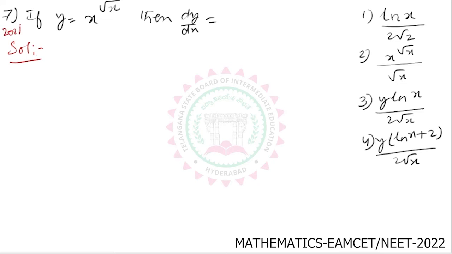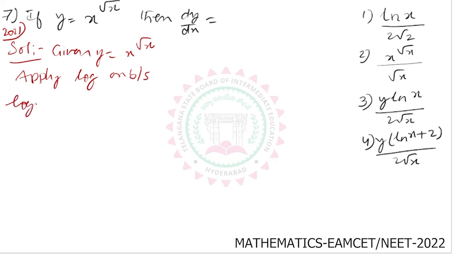This question is also from 2021. Given y is equal to x root x. So, you know that whenever the power is there, just as we have solved the previous question, we have to apply logarithm. So, apply log on both sides. So, this becomes log of y is equal to log of x root x, which gives me root x into log x.